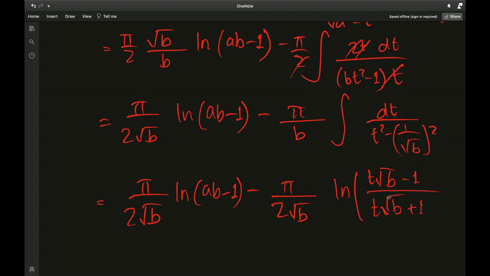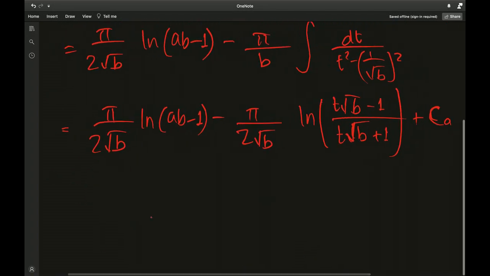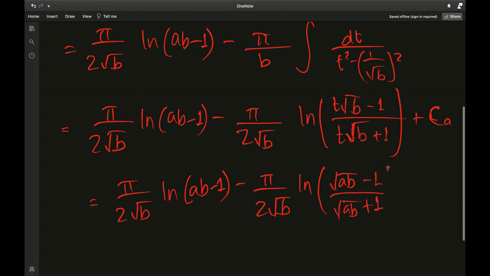In case you're wondering how I got this, it's a standard result, plus a constant of a, because we were integrating with respect to a. Okay, so now instead of the t, we have to go back to the a for the second expression. So pi over 2 square root b natural log of square root ab minus 1 over square root ab plus 1 plus some constant of a.